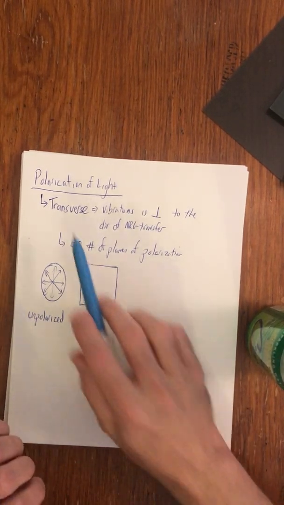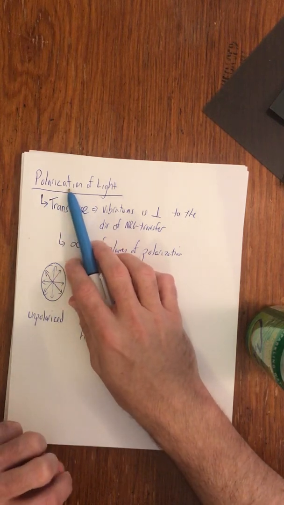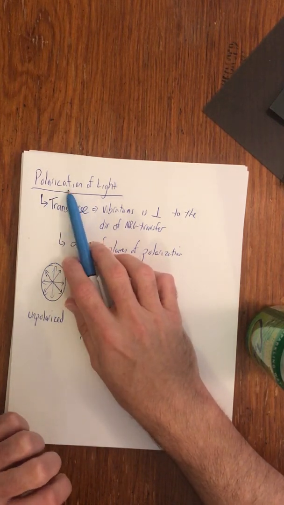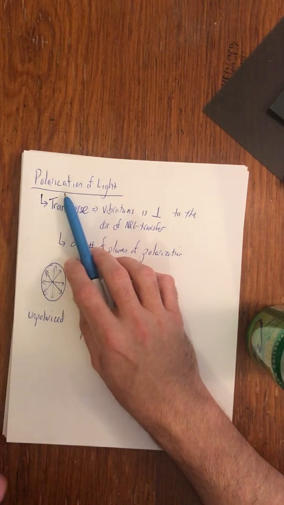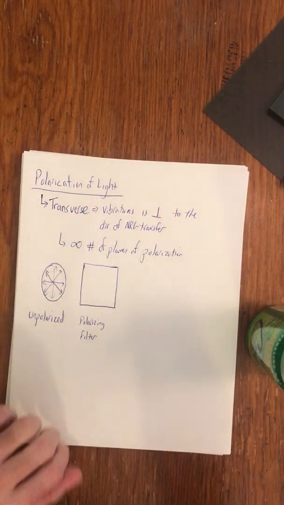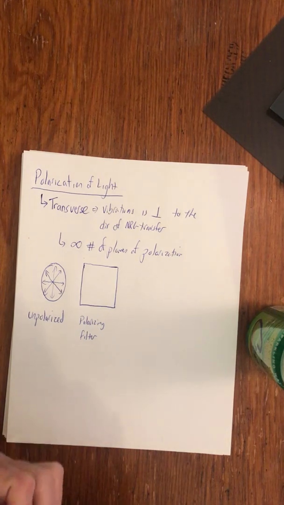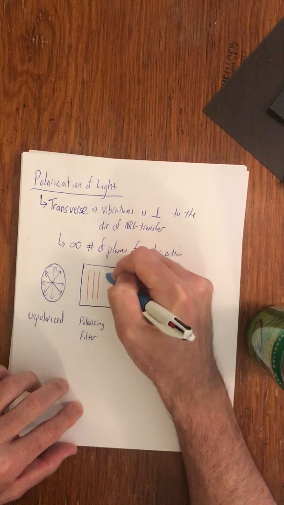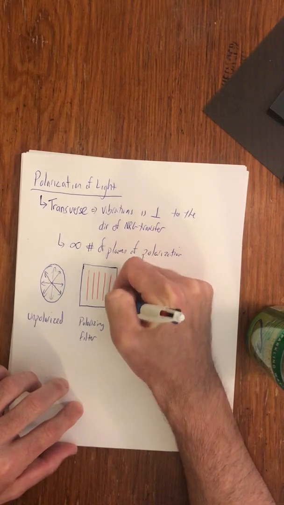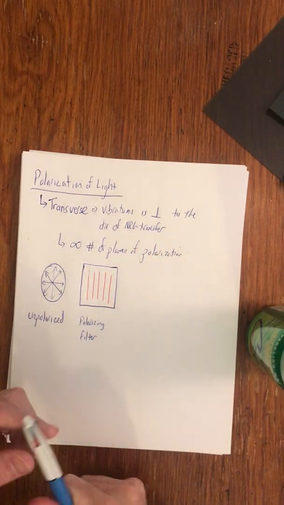remember what polarization is. It's a process by which only one plane of polarization is transmitted through. So every polarizing filter has what's called an axis of transmission. It's not really slits. There's something else going on there, and I'll talk about it in a second.